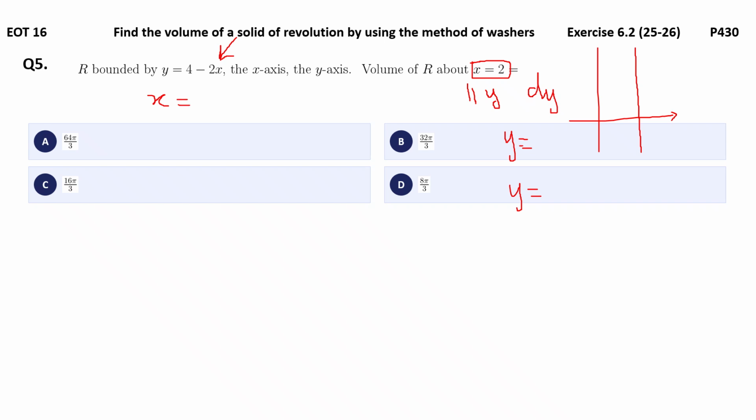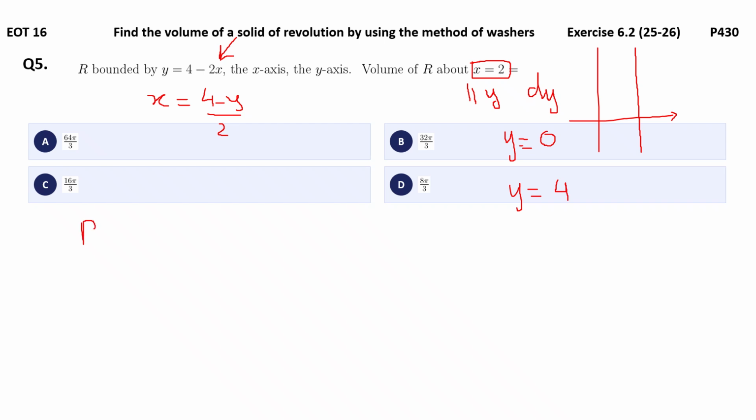Already we did so. So we get 4 minus y by 2. You can refer to the previous questions to know how to get 4 minus y by 2. And already the limit also was explained over there. y will be 0 and y will be 4.